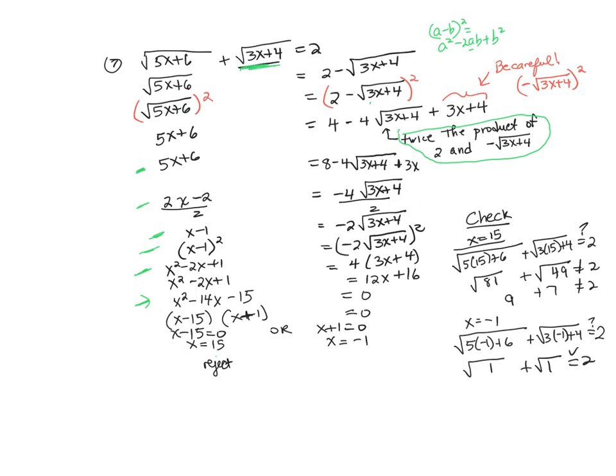So our answer here is just negative 1, and that's our solution set. Here we go, I just put this in red. Okay. All right, so that takes care of the lesson with radical equations.